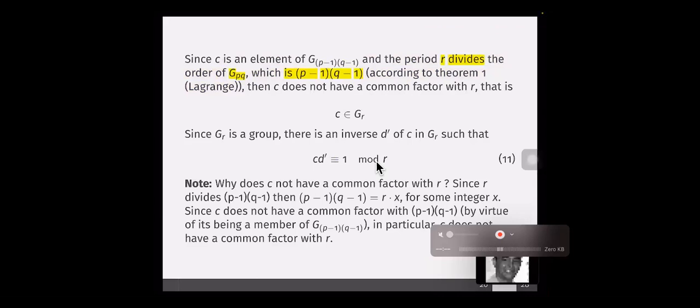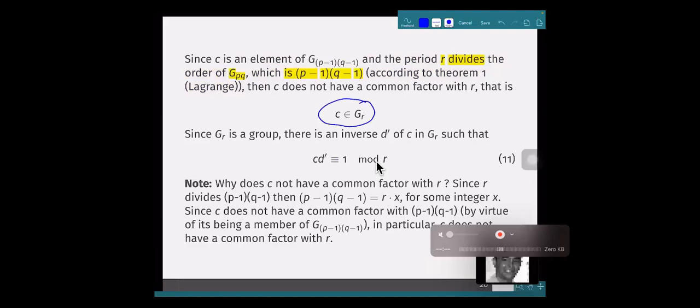It's very important. GR is the set of numbers less than R that do not have a common factor with R. That's the definition, and C is an element.